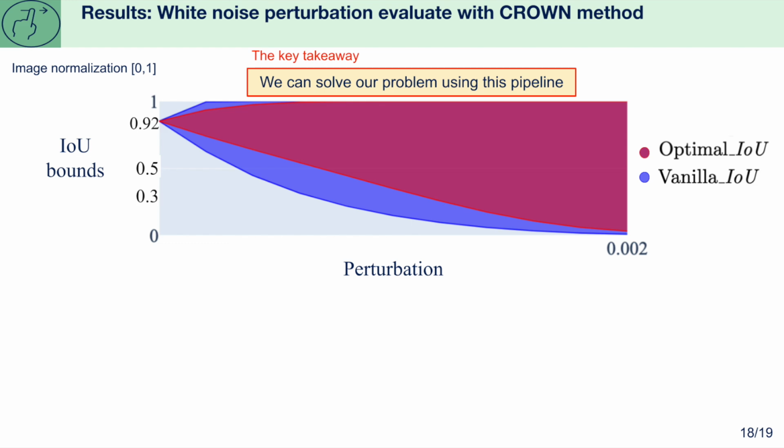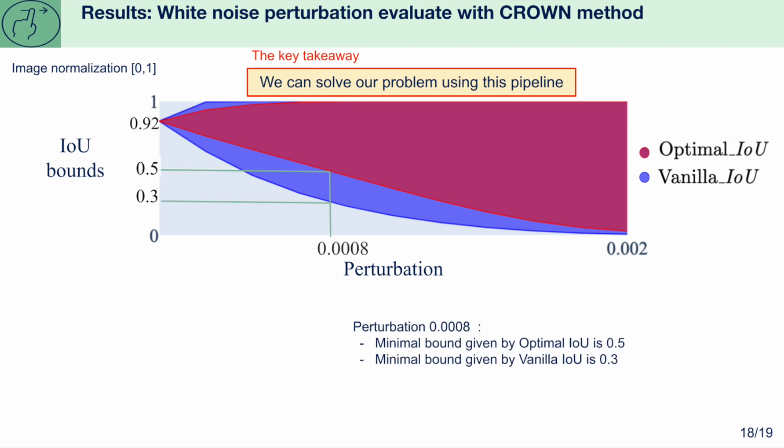In red, it is optimal. In blue, it is vanilla. And we can see that vanilla is an approximation and that optimal bounds are tighter. For example, looking at the perturbation of 0.0008, the minimal bound given by optimal is 0.5, and the one for vanilla is 0.3.